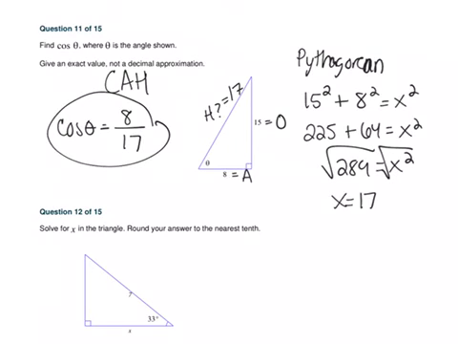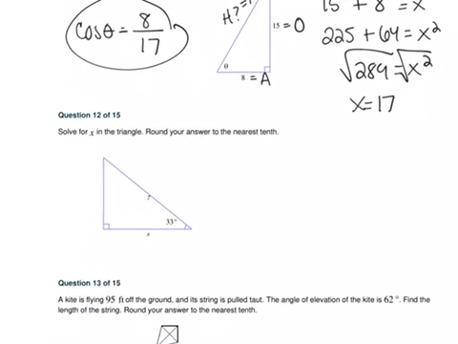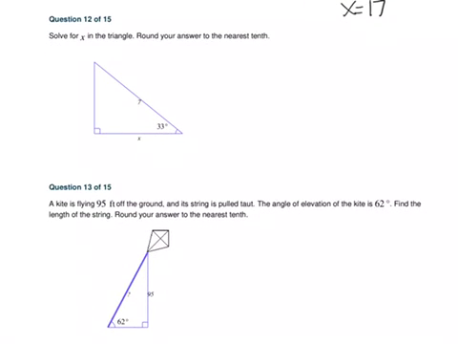Done. Okay? So really all that question involves is doing the Pythagorean and then writing your answer. In the next couple questions, you're going to have to use the sine, cosine, or tangent functions given what the angle measure is, and you're going to use your calculator. So again, make sure that calculator is in degree mode, okay?